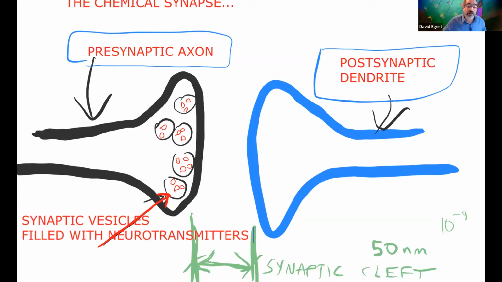Obviously, if the next neuron is going to get the message from a signaling molecule, it needs receptors. So let's put receptors on our postsynaptic membrane here.